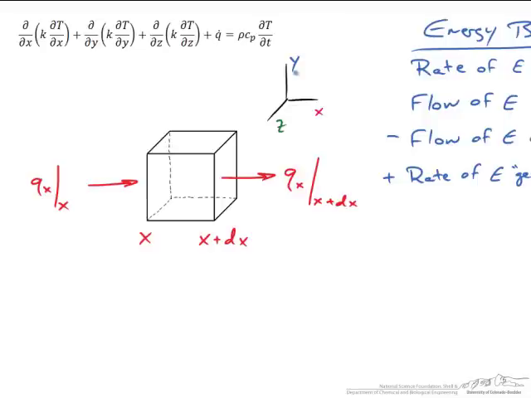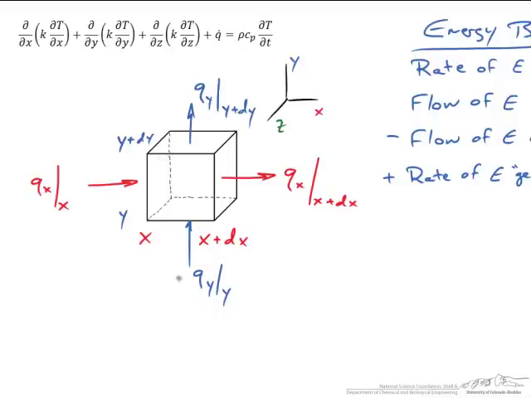And of course we can have energy entering and leaving the system, not only from left to right, but from top to bottom and into and out of the screen, so both in the y and in the z direction. If we look at energy entering the bottom of it and energy leaving the top of it, we can find similar names for the flow of energy in from the bottom of the cube and the flow of energy leaving it. So in this case, we've got a location y and a location a little bit above y, which is y plus dy.